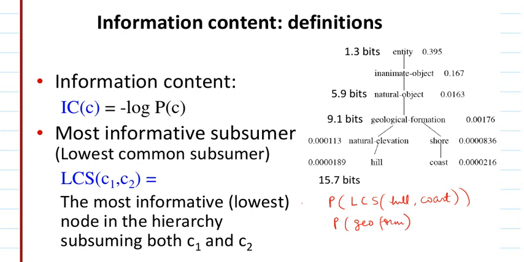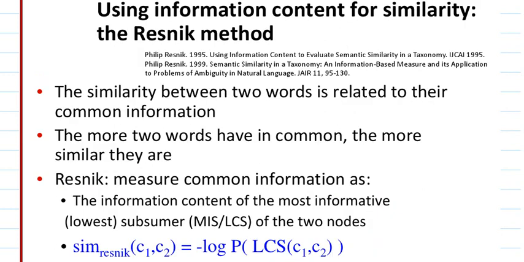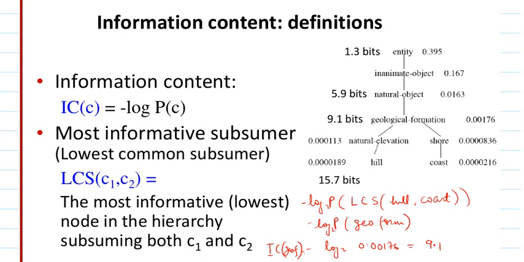And we apply minus log base 2 of 0.00176, which is equal to 9.1, right? So this is the information content of geological formation. In this way we can calculate the information content between different concepts or words.